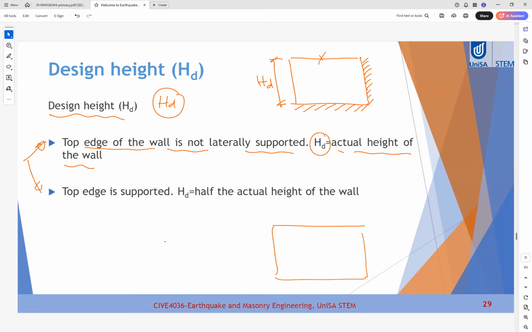The other case, if the top edge is also supported from a roof or something, HD will be half of the actual height of the wall. So we can have LED and HD halved if the top and bottom, and two vertical edges are laterally supported.